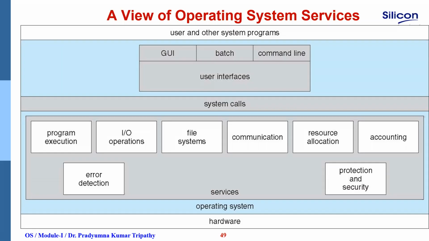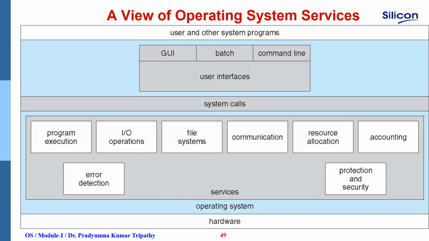But now in between this operating system and user program, how will they interact? They will interact through some user interfaces. So now you have user programs interacting through user interfaces with the operating system, which interacts with the hardware. Then what is there inside the operating system?